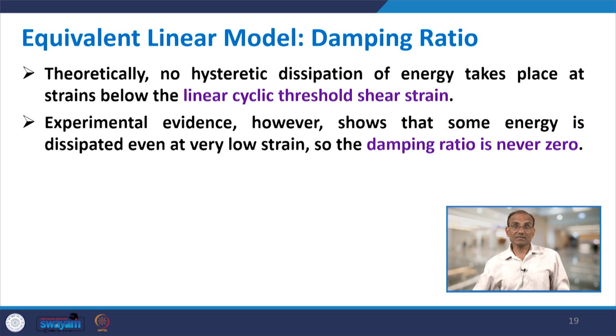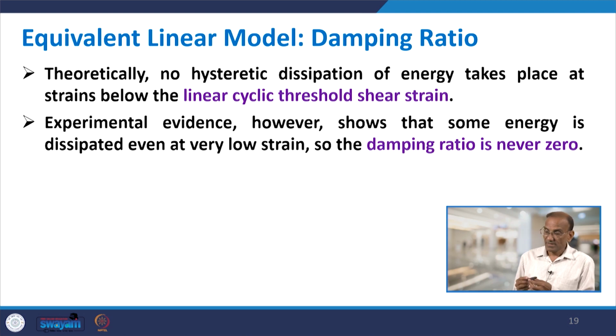Now, the second part: we have discussed modulus reduction. What happens to damping ratio curves for the level of strain? Theoretically, no energy dissipation takes place at strains below the linear cyclic threshold shear strain, gamma TL. So, gamma TL is the cutoff strain.